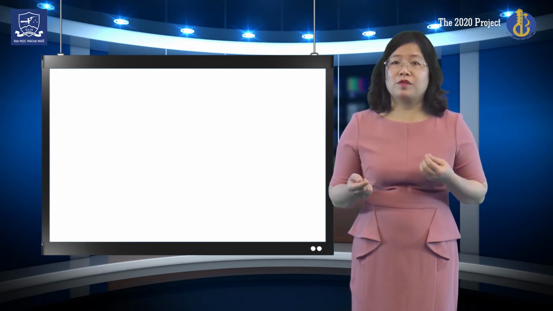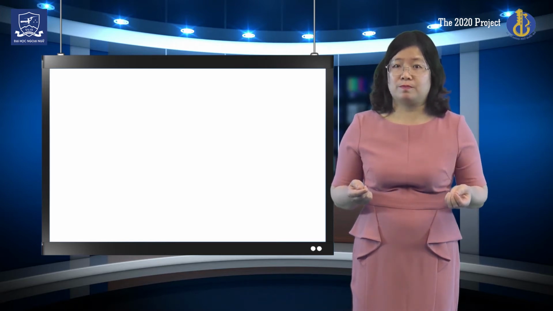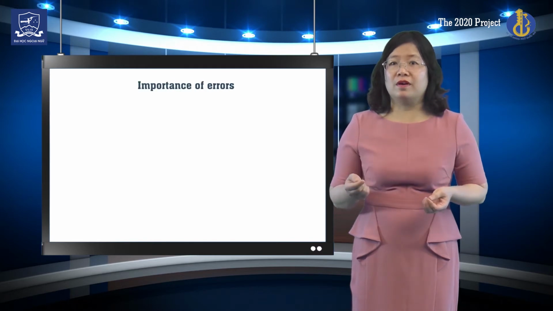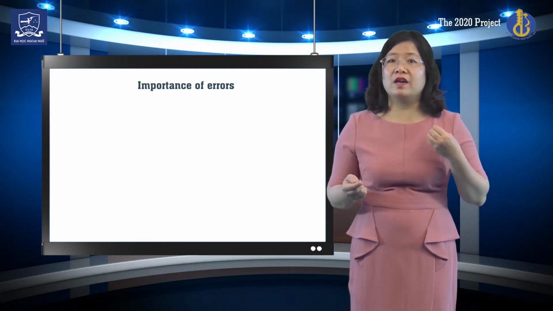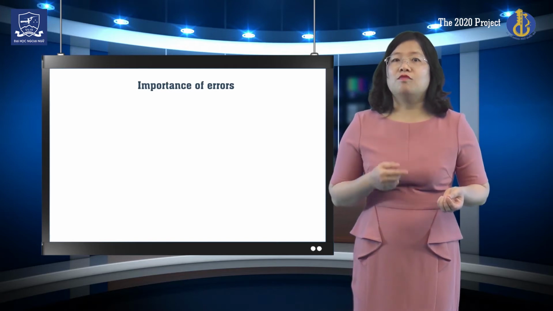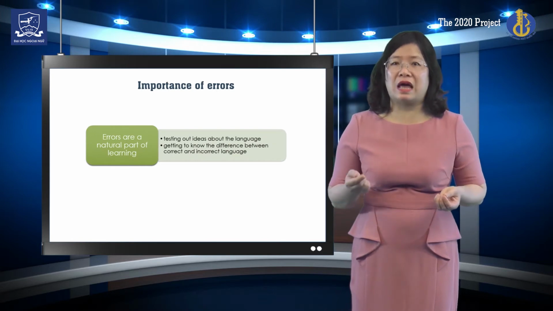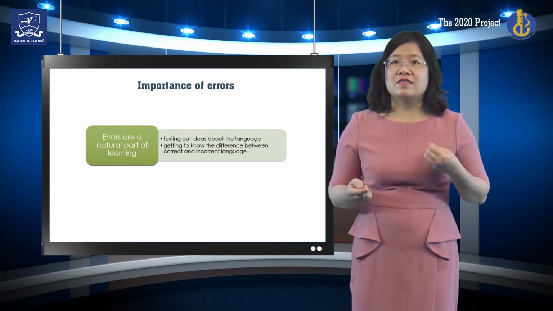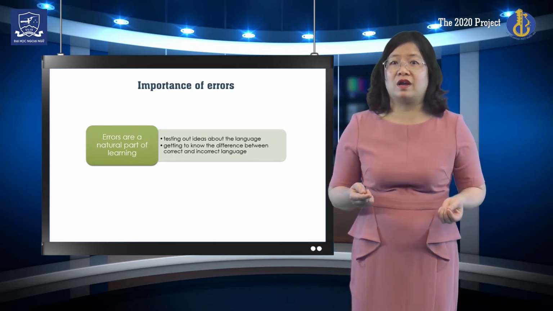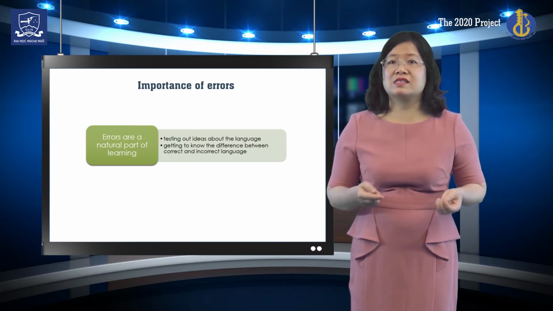Obviously, both you and the students would rather they didn't commit errors. However, errors also have an important role to play. For one thing, errors are part of learners' interlanguage. That is, the learner's own version of the second language, which they speak as they learn.